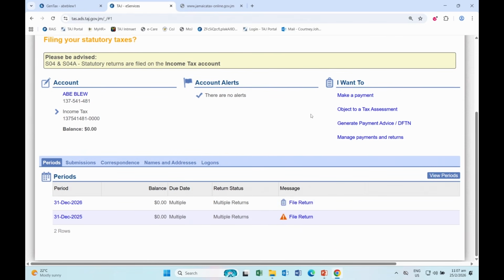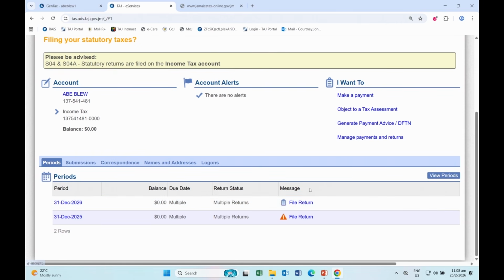Now the periods that are there are listed on the left side of the screen. So we are seeing December 31st, 2025 and December 31st, 2026. The 2025 will represent the final return, which is the S04 that we're going to be doing for Mr. Abe Blue. And the 2026 is the estimated income tax return, which is the S04A that we're also going to be doing.